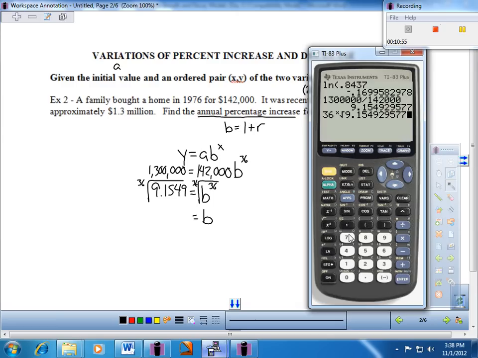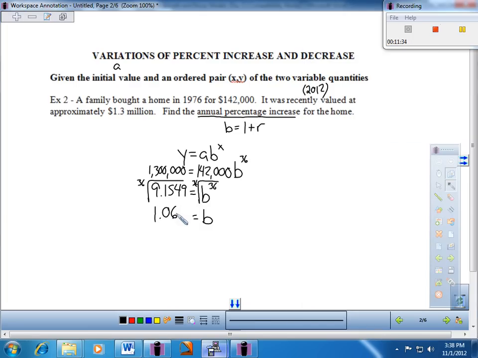Sometimes you can just do second and then answer or entry down below. And unfortunately, it doesn't work on this calculator here. So I typed it in regardless, and I end up getting that piece. And so what I see is it's about 1.0634, give or take, as the growth factor.